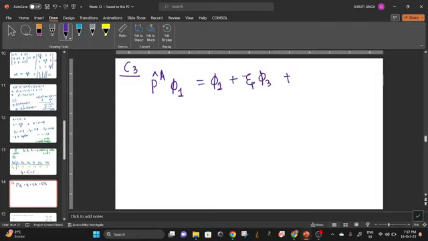This will come for E. For A, it is a totally symmetric representation. We will get phi1 plus phi2 plus phi3.